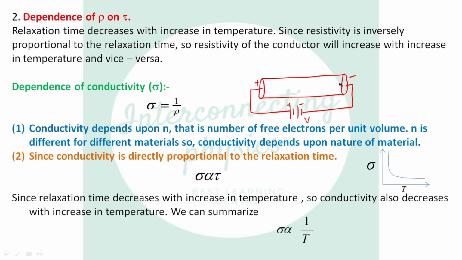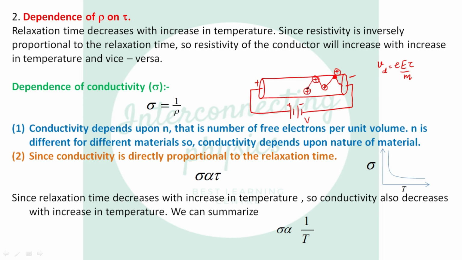It gets drifted with drift velocity Vd equal to E tau divided by m. It gets accelerated and strikes with the ions of the conductor and comes to rest. Again it gets accelerated, strikes with the ions and comes to rest, and this repeats.